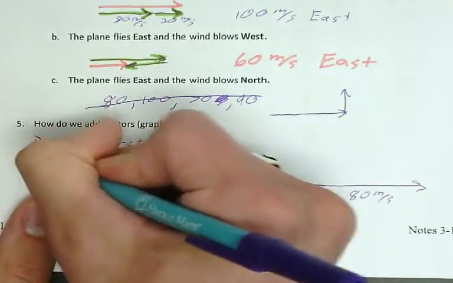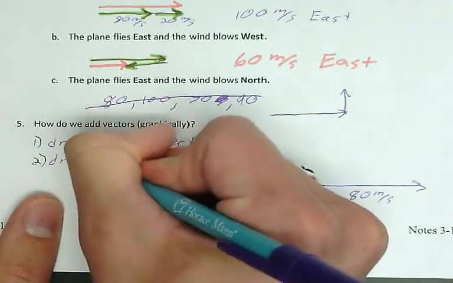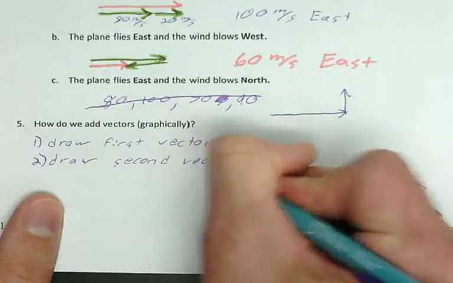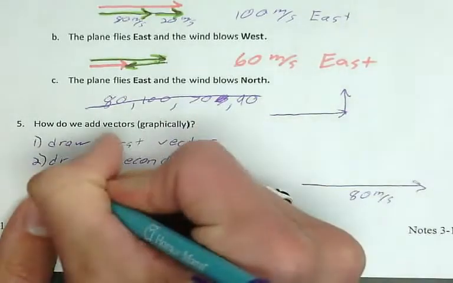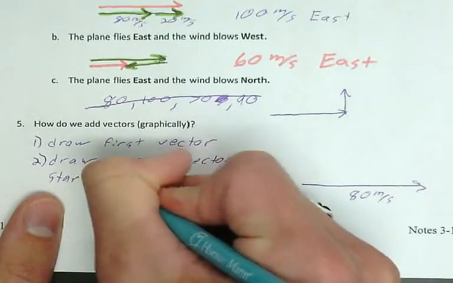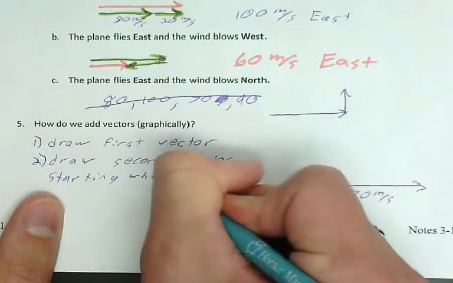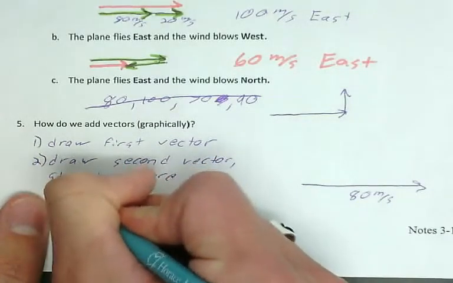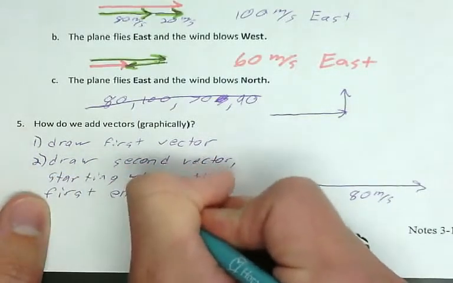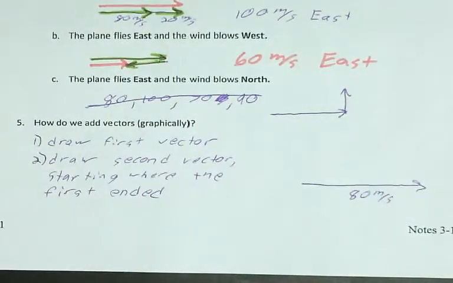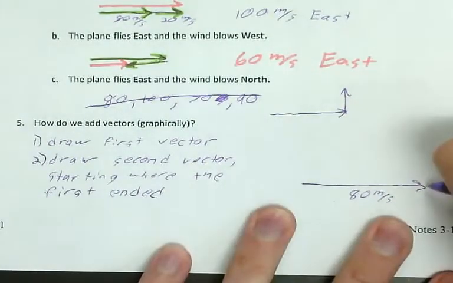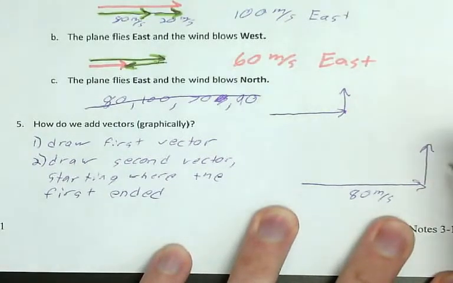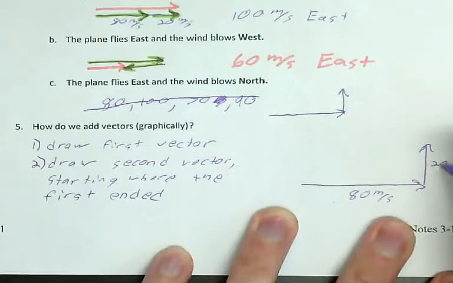Then draw the second vector starting where the first one ended. So I draw my second vector where the first one ended. So it ended here, so I draw it north, and it's not as large as the other one, 20 meters per second.